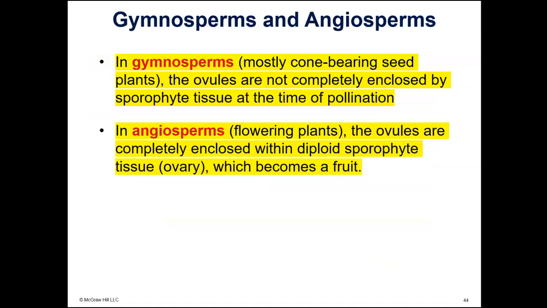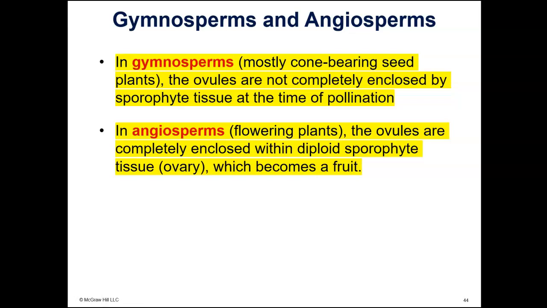The gymnosperms are mostly cone-bearing seed plants. In the gymnosperms, the ovules are not completely enclosed by sporophyte tissue at the time of pollination. Gymnosperm actually means naked seed. Gymno means naked and sperm means seed, so the seed is not enclosed by a fruit.